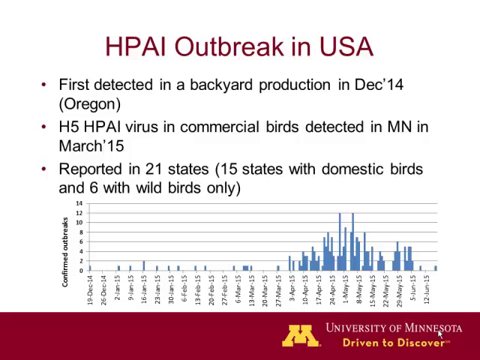With that, the whole epidemic curve has been reported in 21 states. 15 of them had domestic birds, and only 6 of them were detected only in wild birds. This is the map that you can download at the USDA website. 223 outbreaks were reported, and more than 48 million birds were depopulated.